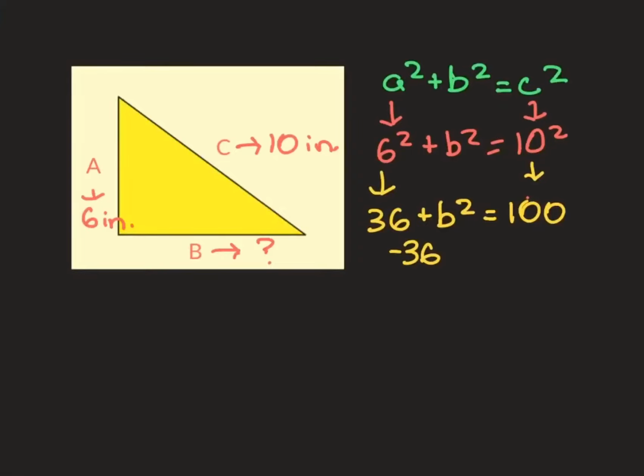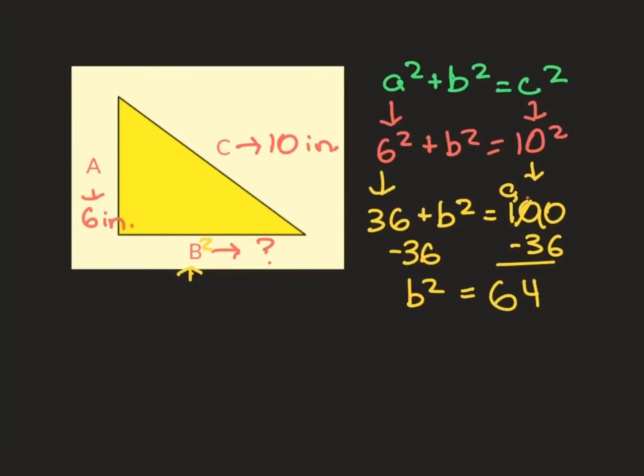So we can subtract 36 from this side to get b squared on its own, and whatever we do on one side we have to do on the other side. So we do 100 minus 36, and 100 minus 36 would be 64. So now we have b squared, or this side number squared, is equal to 64.